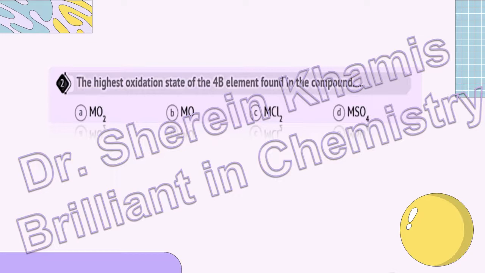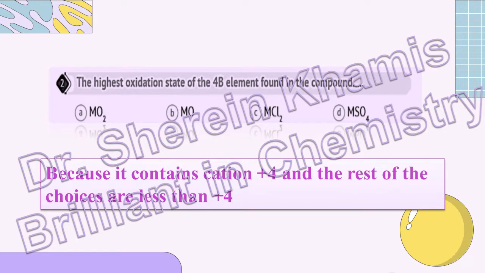So all of them carry oxidation number plus 2, but the only oxidation state of the 4b element found in the compound is cation plus 4, and the rest of the choices are less than 4. We discussed them and found them to be plus 2. So the right answer here will be letter A, MO2.